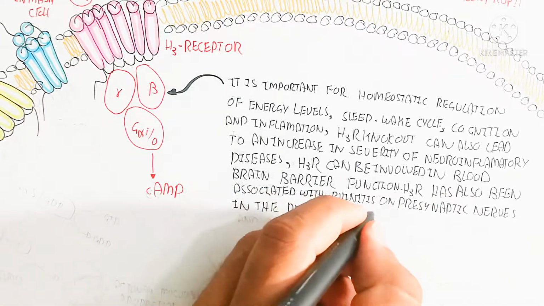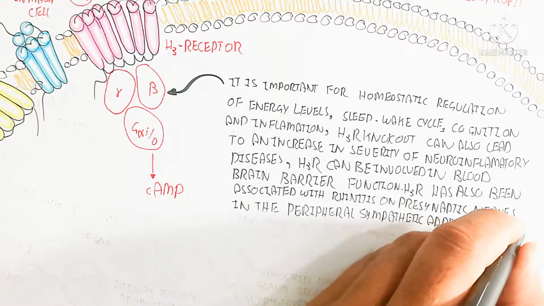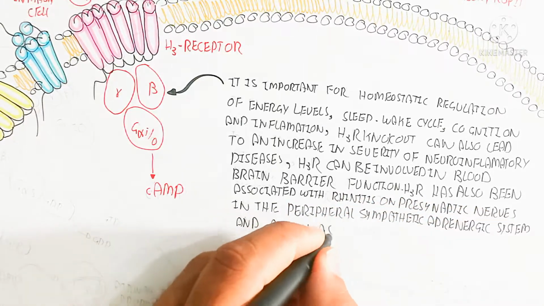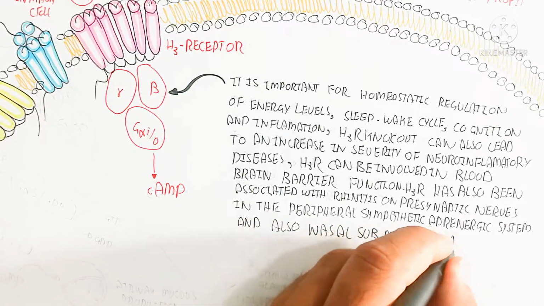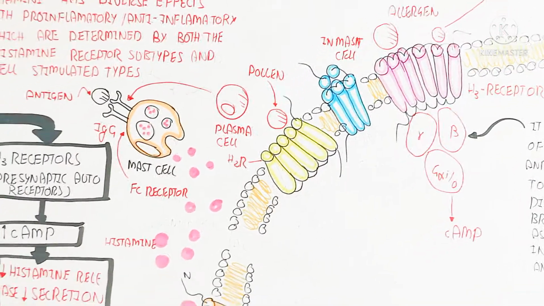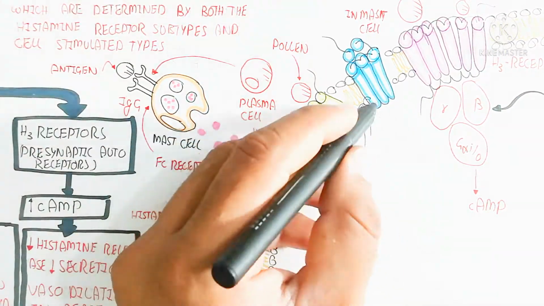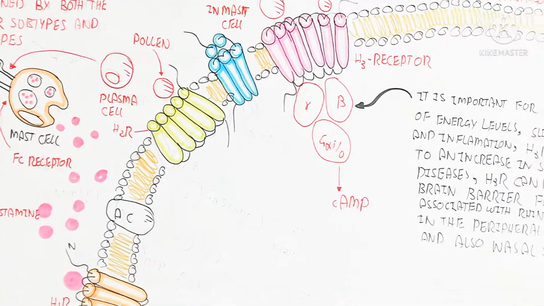So here the cyclic AMP, the second messenger, will stimulate nasal submucosal gland secretion. On the other hand, the cyclic AMP will inhibit the norepinephrine release. In this way, the norepinephrine will not be released at the presynaptic nerve ending.